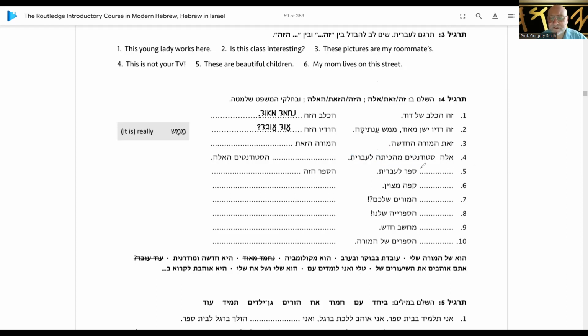Okay, so these students are from the Hebrew class. Or these are the students from the Hebrew class. So these students from the class for Hebrew. And then they want us to put hastudentim ha'ele. So it's like the students are these.